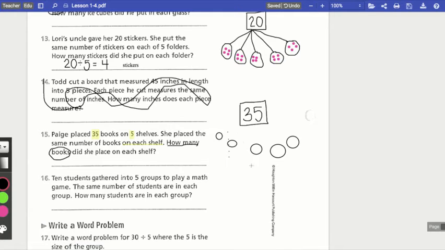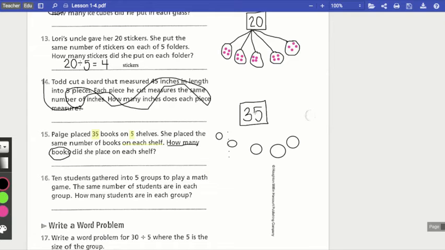So go ahead and count by your groups of 5 to figure out how many groups of 5 it will take to get to 35. Go ahead and get your counting fingers ready. 5, 10, 15, 20, 25, 30, 35. What'd you get to? 7, very good.